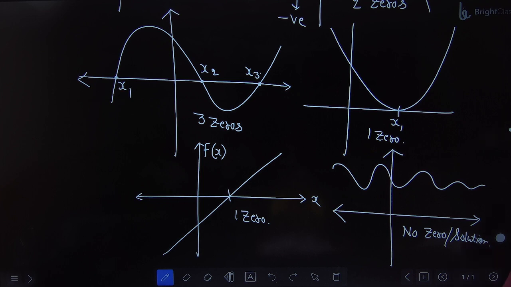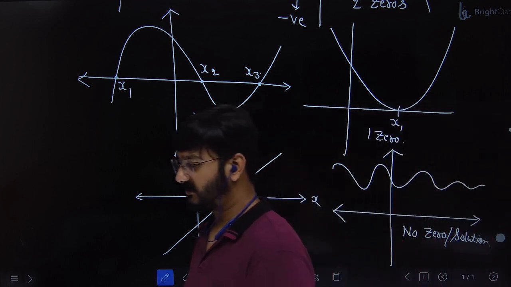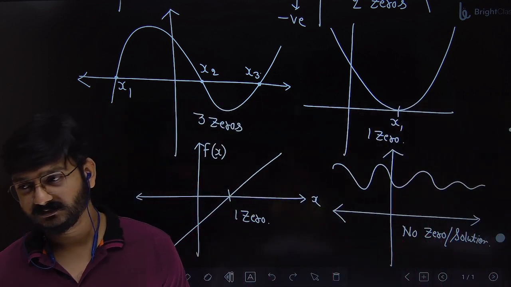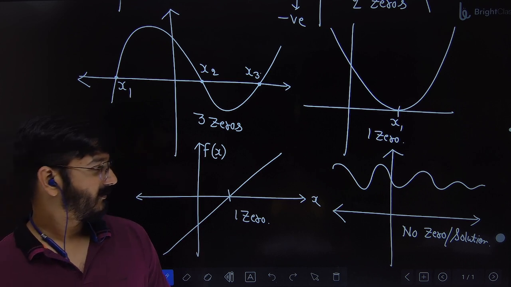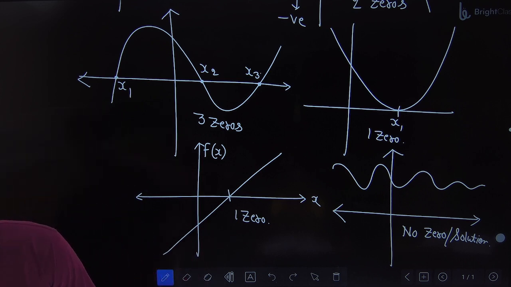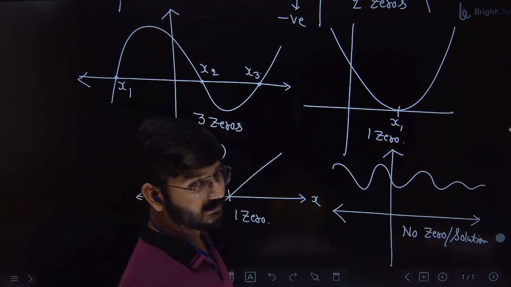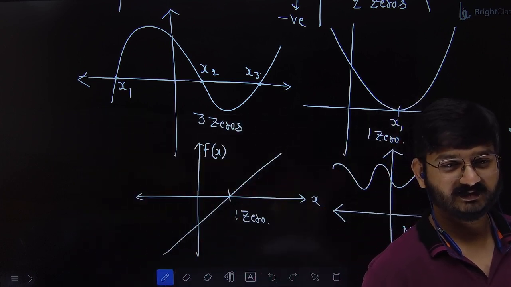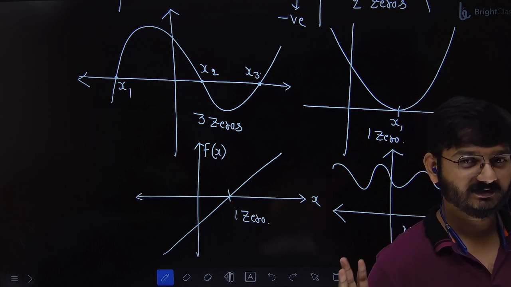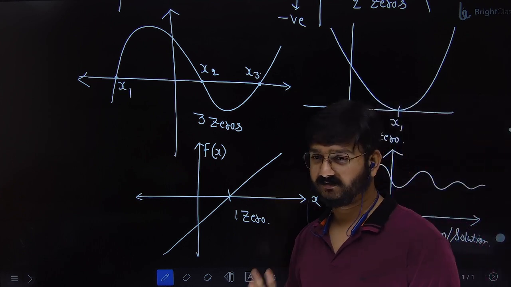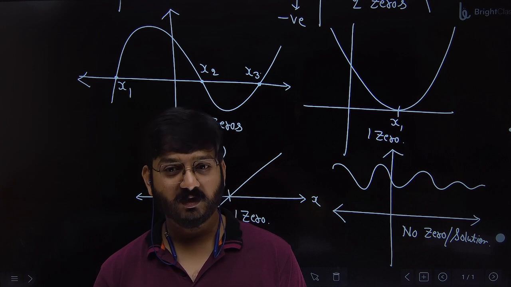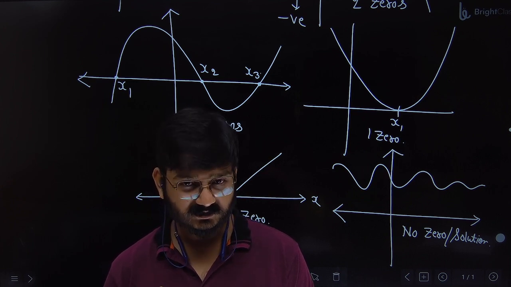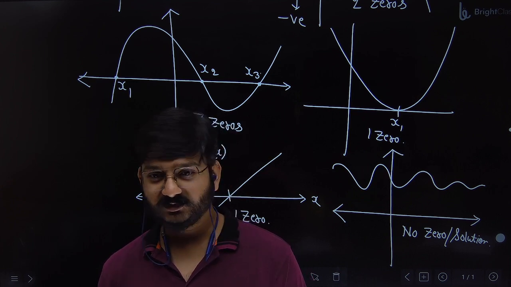Last 30 seconds. If you want to change your answer, I think most of you are telling 1. Anyone for zero solution? My question is very straightforward. What is the number of solutions y equal to 3 will have? When you plot y equal to 3, what will you get? A straight line? So how many solutions will it have?